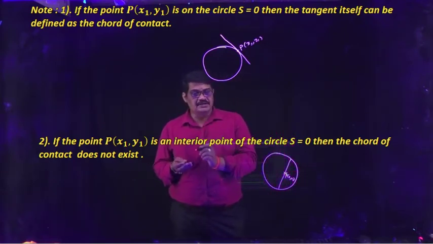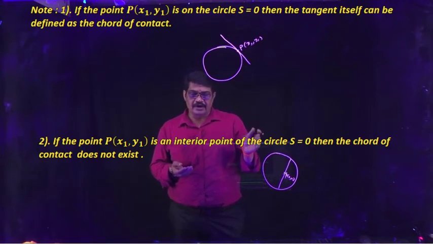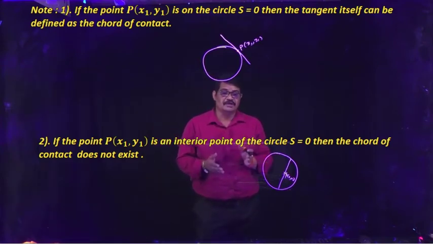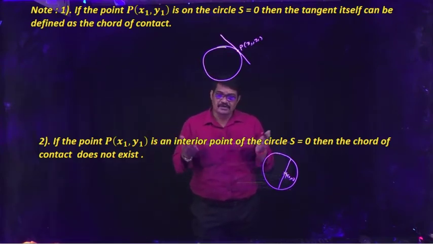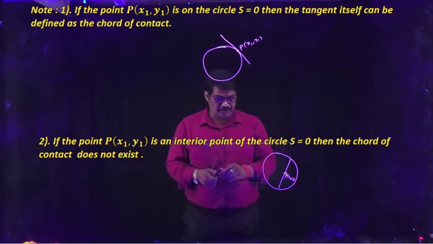Draw the tangents from the point to the circle; the line joining the meeting points is the chord of contact. Here we are unable to draw tangents for an interior point of the circle. So if the point is interior to the circle, then the chord of contact does not exist. So this is the note to observe.